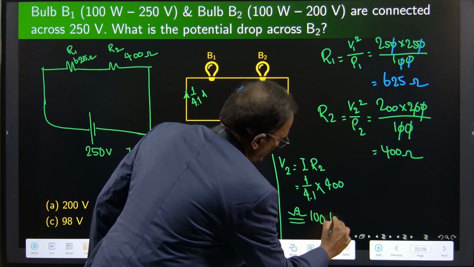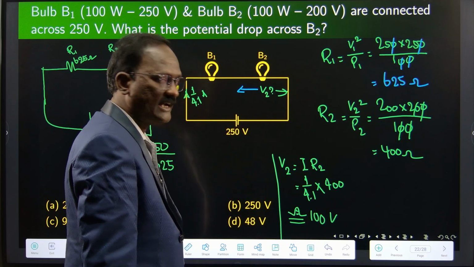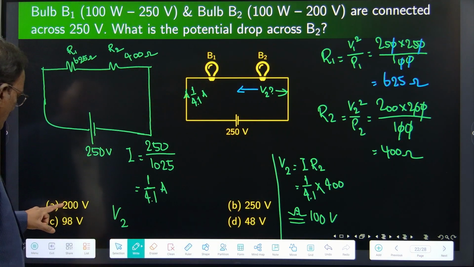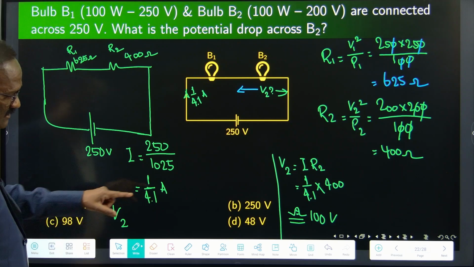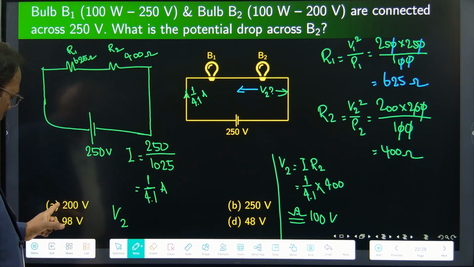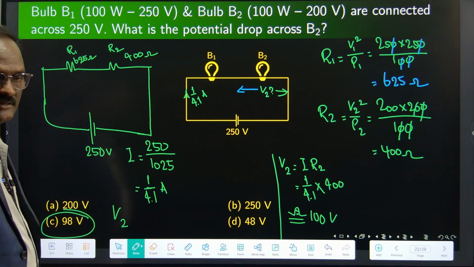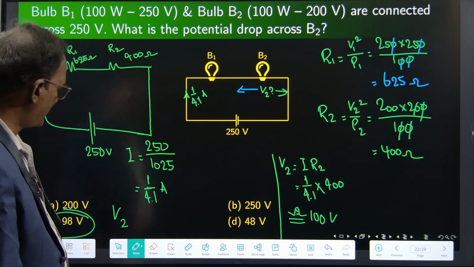Approximately this voltage is 100. So we need an answer which is closely coming to 100. The options are 200, 98, 250, 48. 98 is coming closer to 100. So 98 is the answer.